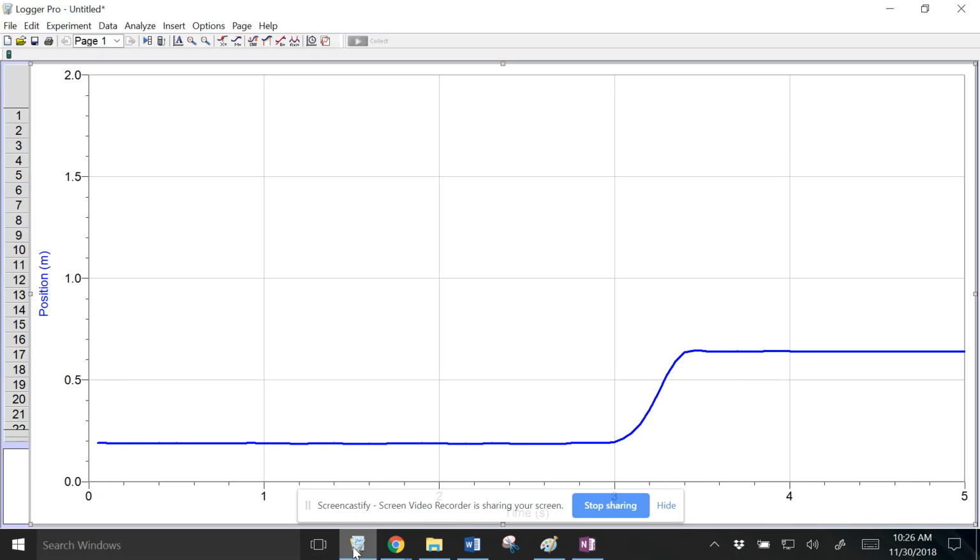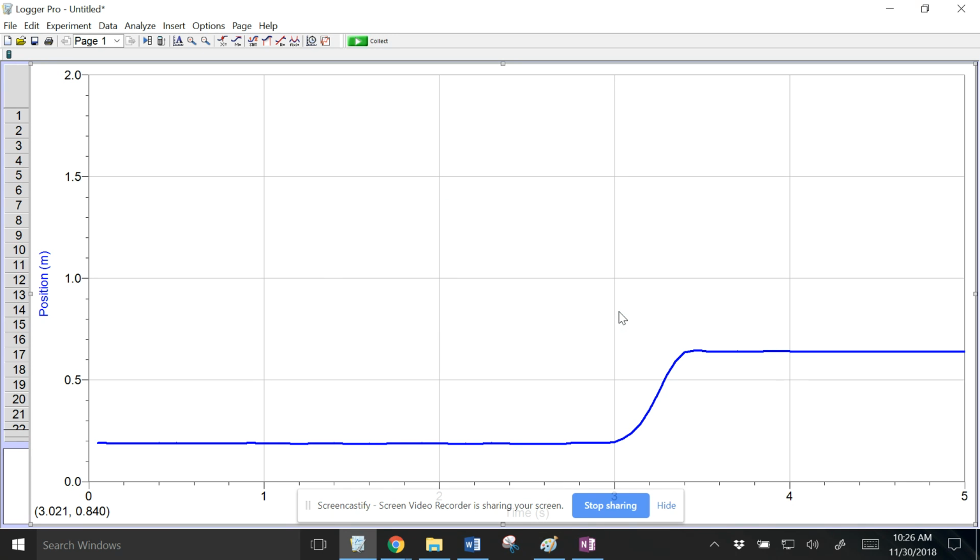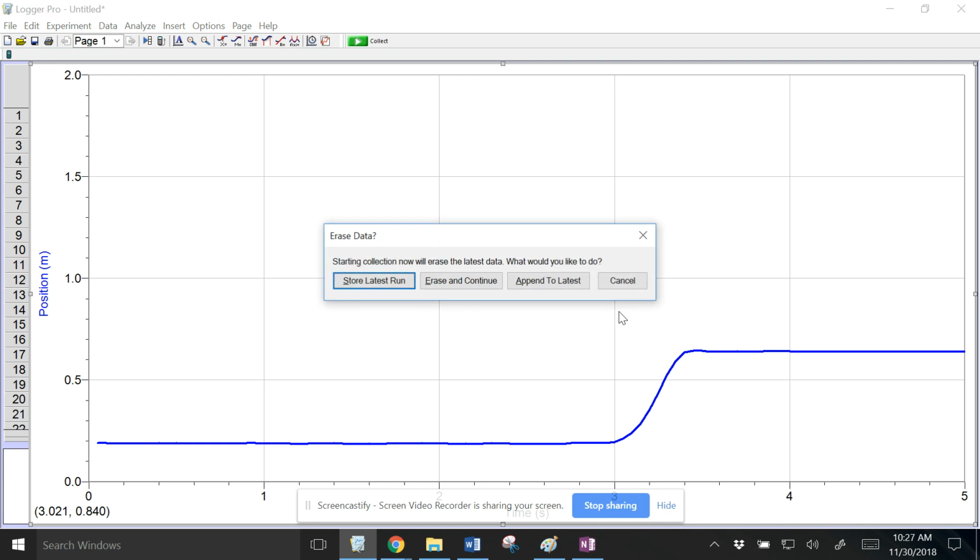So position and time, meter stick. All right, space bar.